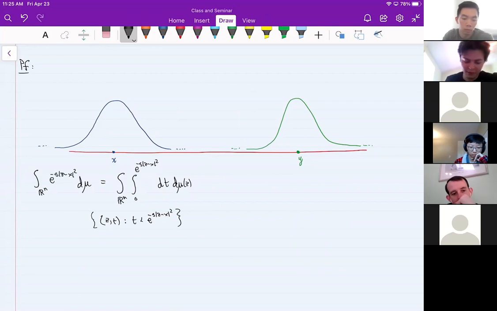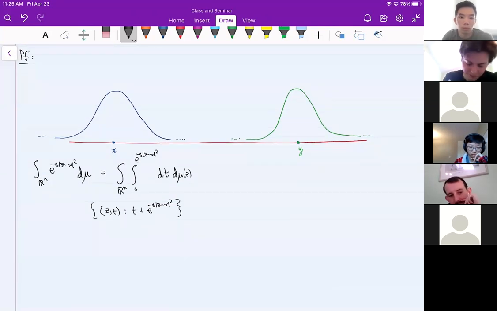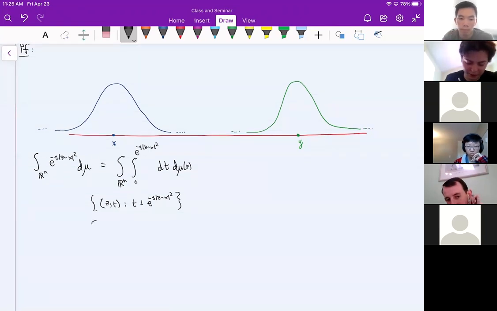Right, so I'm integrating over these pairs of points. So this is the perspective with respect to t, because I'm writing t is less than this thing. Well, I can switch this around and think of this as pairs going the other way.